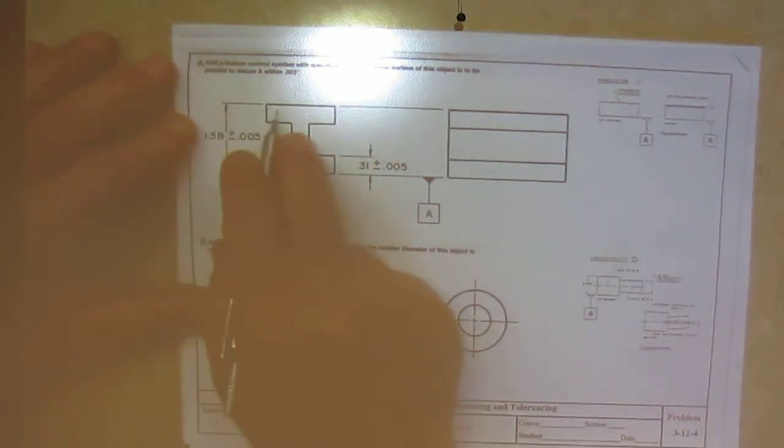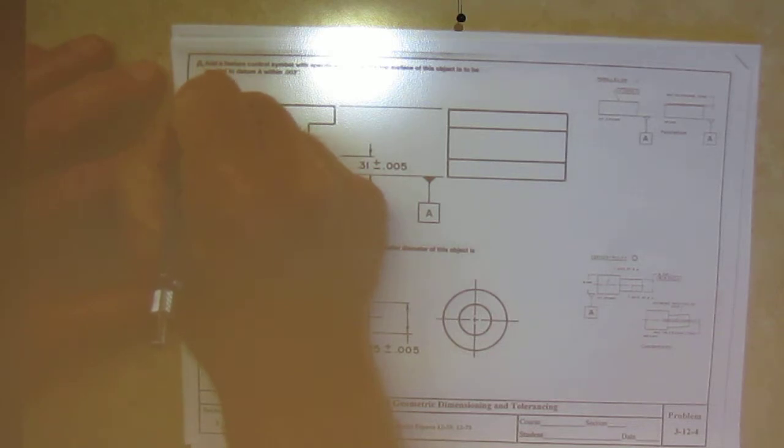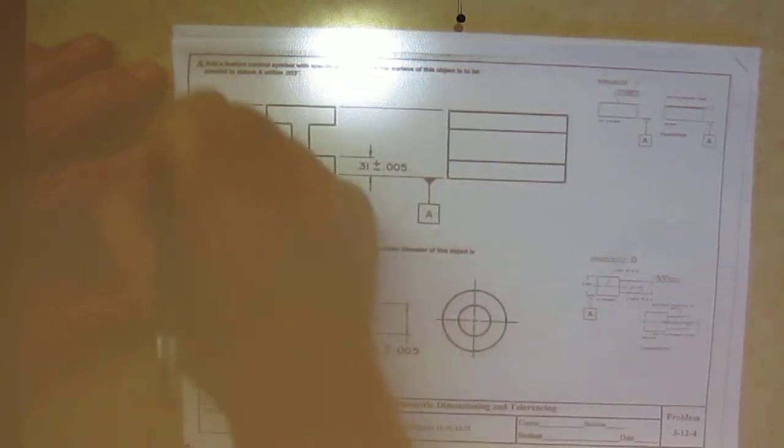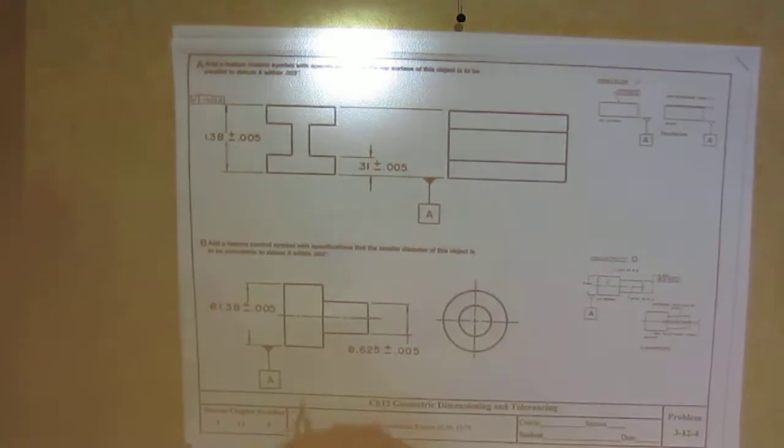Remember, this thing is tying to the top surface, so I can do this 2 ways. One, I could come in here and put my GDT box right here. What are we doing? We're doing parallel, parallel to 0.003 to datum A. That would be fine.